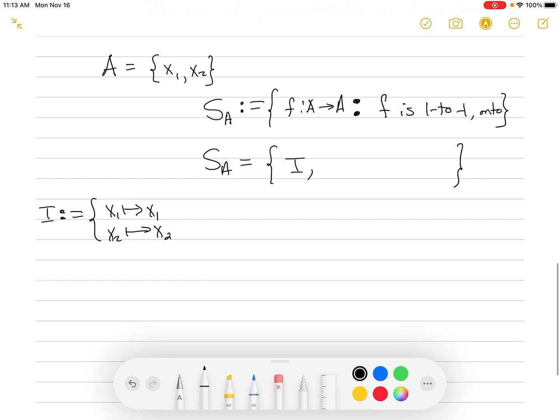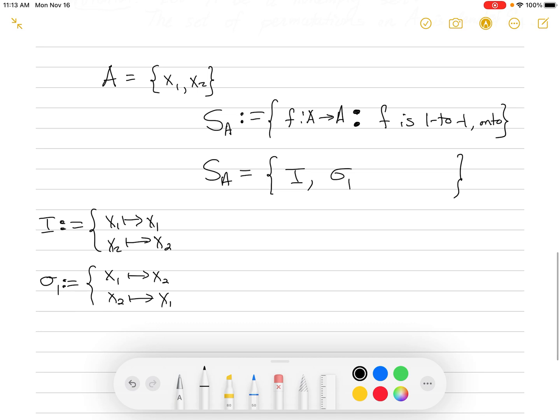So I will call that the first element of S of A. And then the second element we'll call sigma 1, defined as follows. x1 goes to x2 and x2 goes to x1. So sigma 1. And it turns out that there are no other permutations. There are just two permutations when you have two elements in your base set.